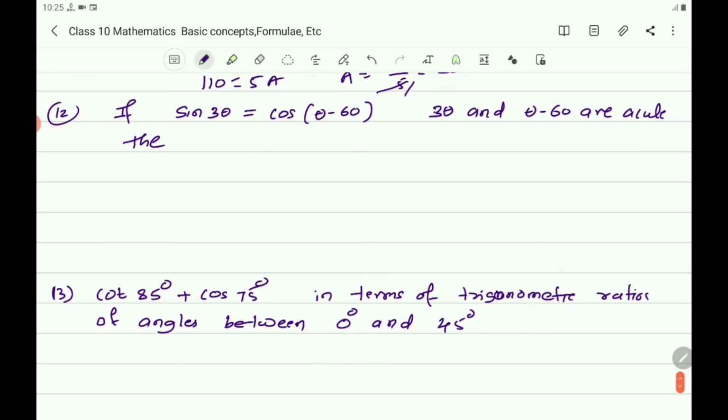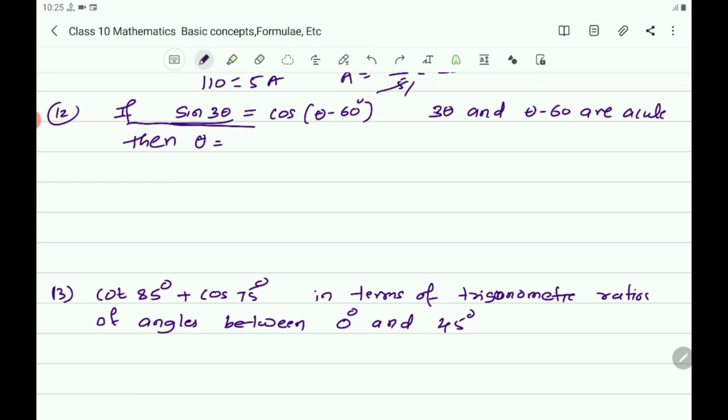Next you take the 12th question. If sin 3 theta equals cos theta minus 60 degree, 3 theta and theta minus 60 are acute, then find theta. Here again you know that sin and cos are the complementary of each other.